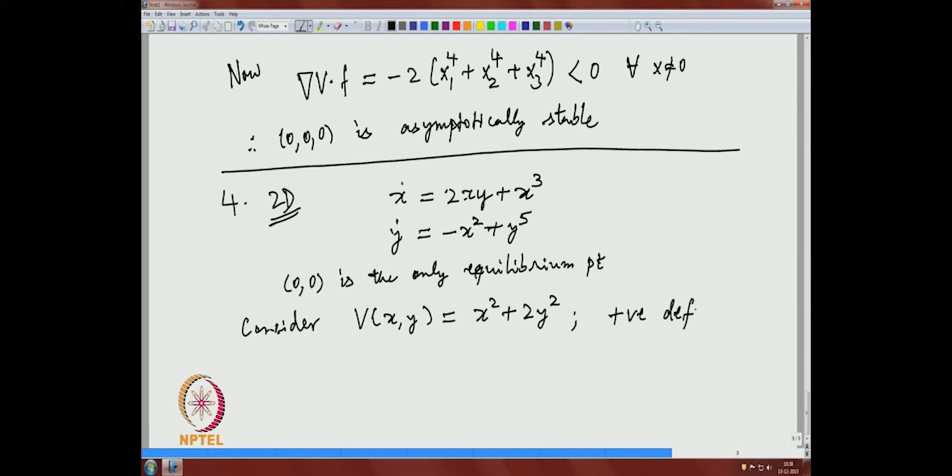So, according to the system one has to construct these Lyapunov functions. They are not unique, we have to construct these things. Okay. And if you work out this quantity grad v dot f, in this case you find it is twice x to the 4 plus 2 y to the 6, and because of even powers this is positive.